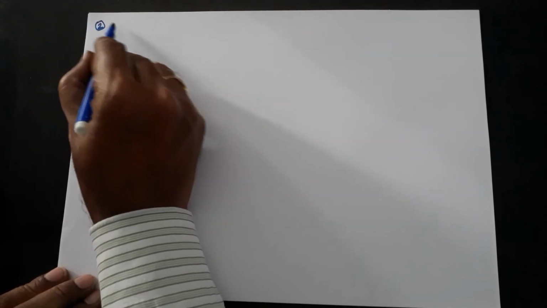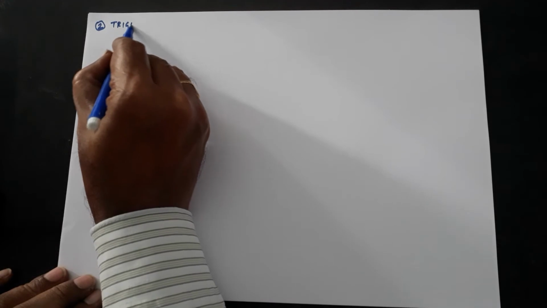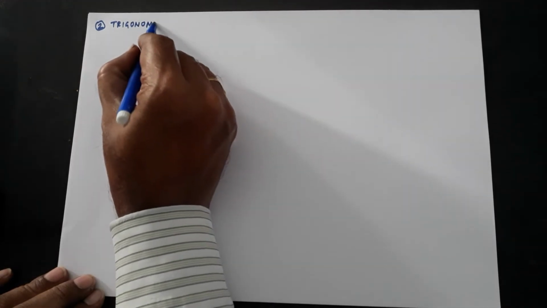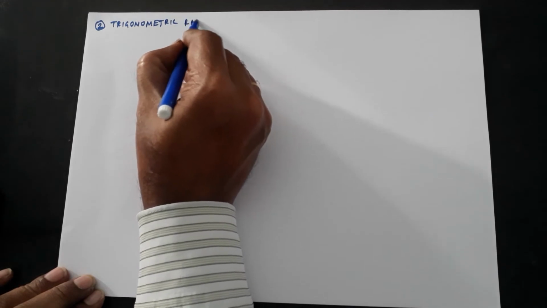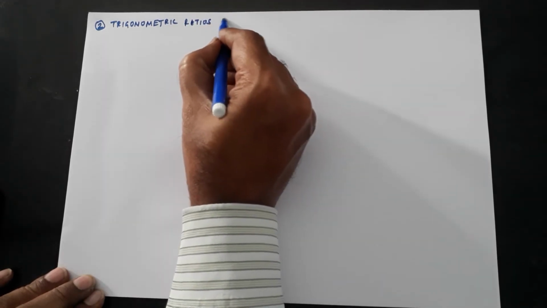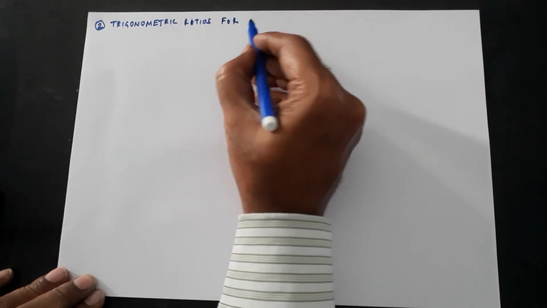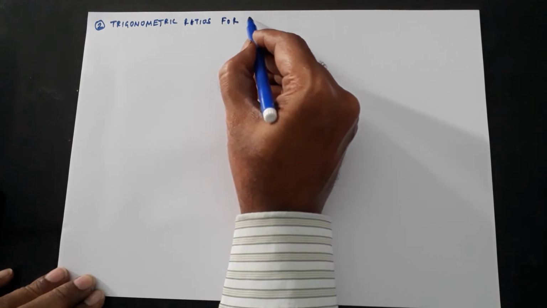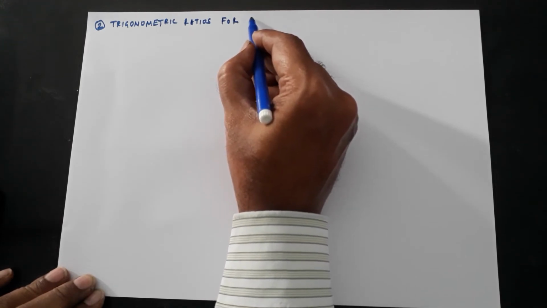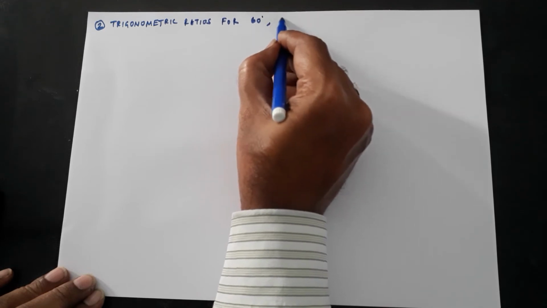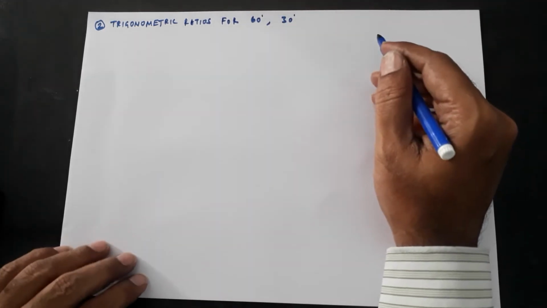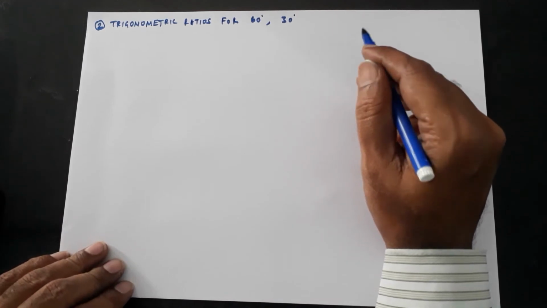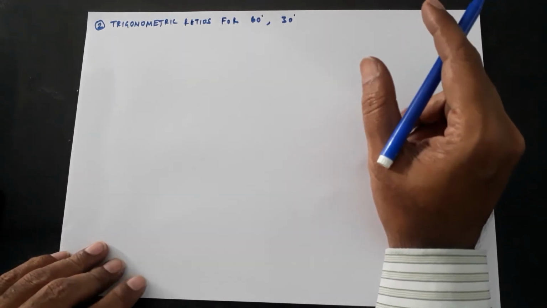So we will calculate trigonometrical ratios for 30 degrees and 60 degrees. Okay. So for doing this, what we need is we need to take an equilateral triangle.